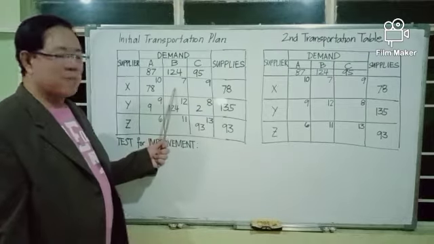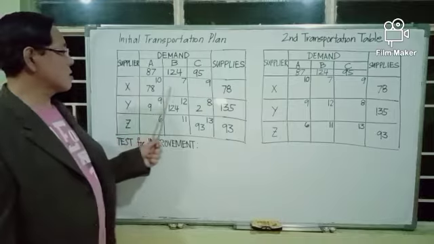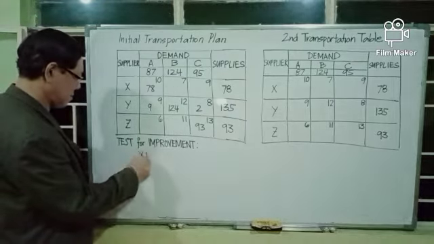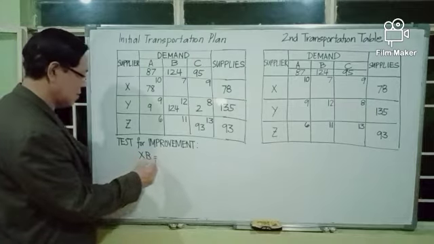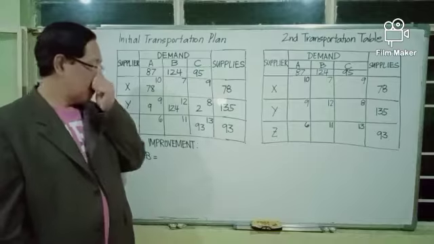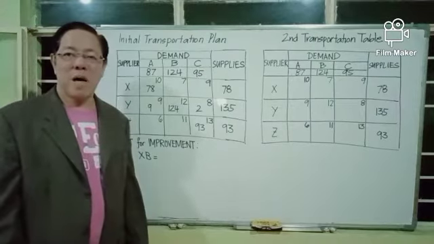We start with a vacant cell. We will call this vacant cell XB. For each vacant cell, we will trace a closed path.